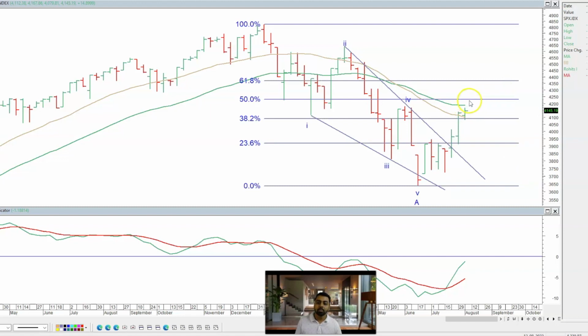So in the very near term, there is scope for a pullback up to the 40-week exponential, which is 4187, or even an overshoot up to 4228, which is the 50% retracement. That can also lead to the RMI completing its pullback cycle, wherein it is back to the zero line.